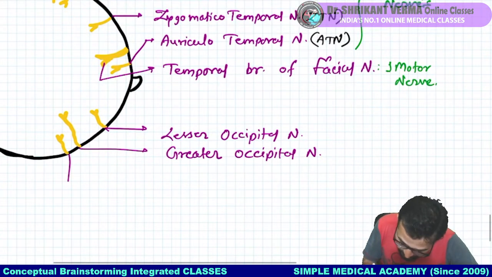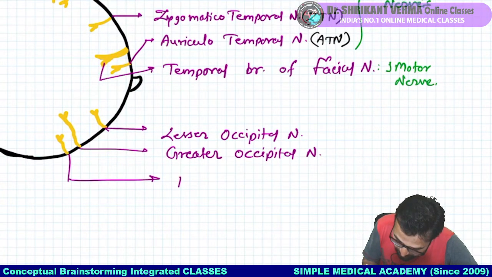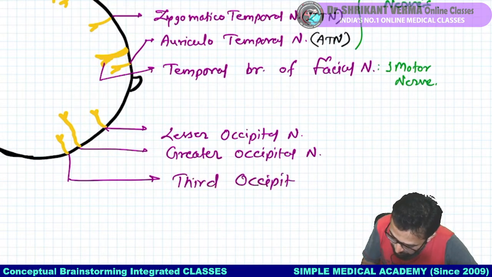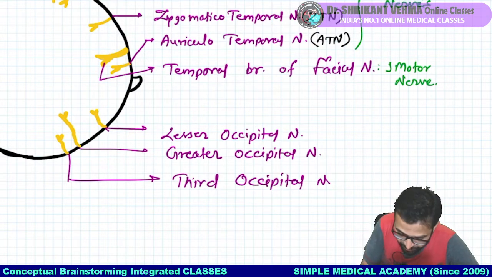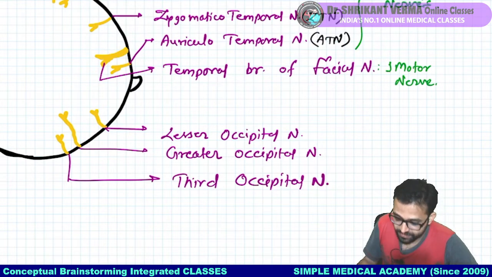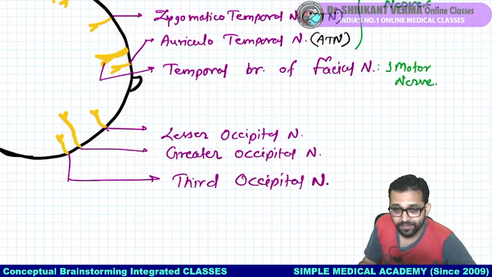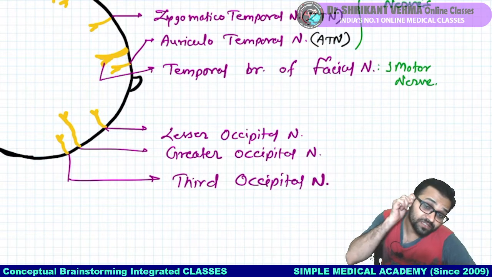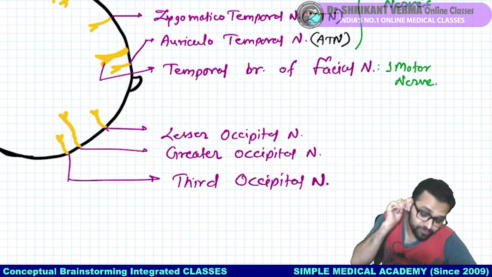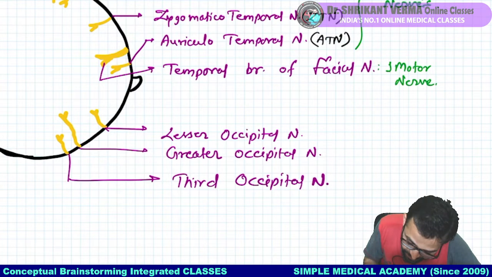And another nerve is third in number, that's why simply you will say third occipital nerve. Now one nerve is supplying the major part of the auricle, that's why you will say great auricular nerve. So this is our great auricular nerve.